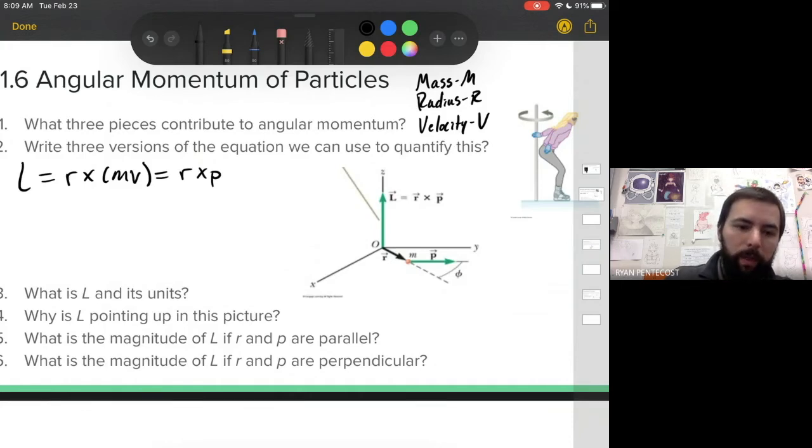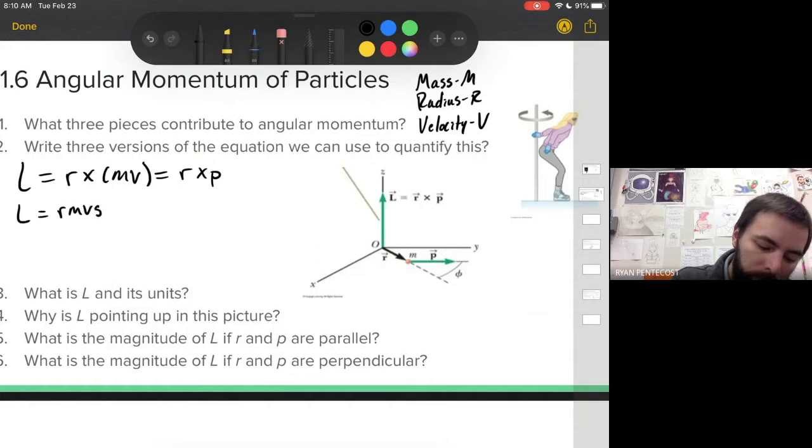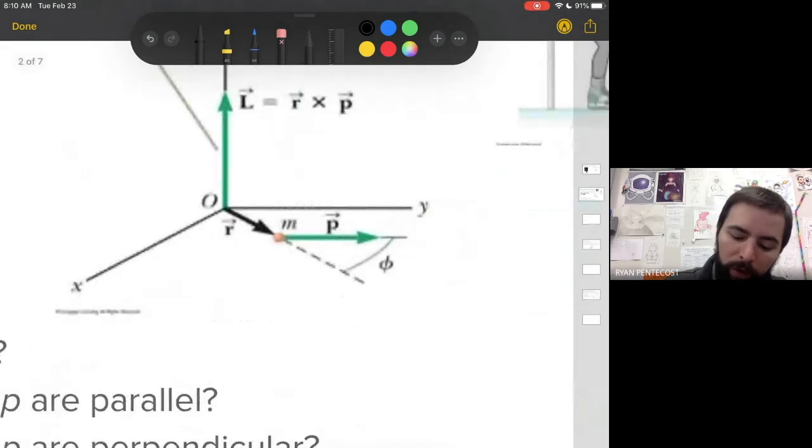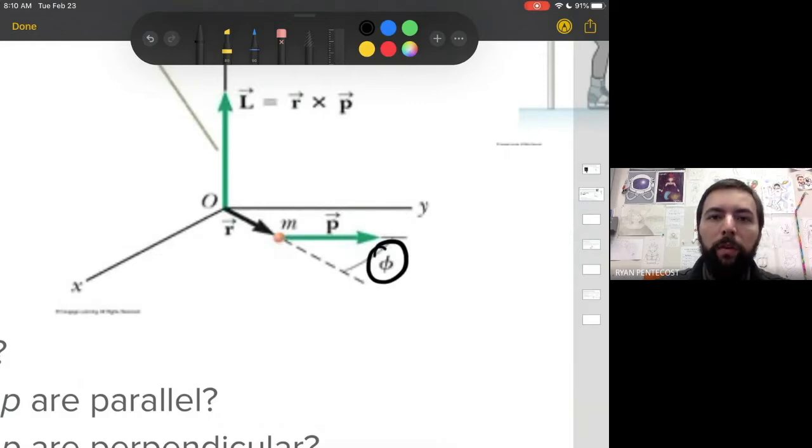Next, if we aren't going to use the cross product, you would say that this is rmv sine theta, if that theta is right here. They use phi in this image, but that phi is the angle between the vector r and the vector p.